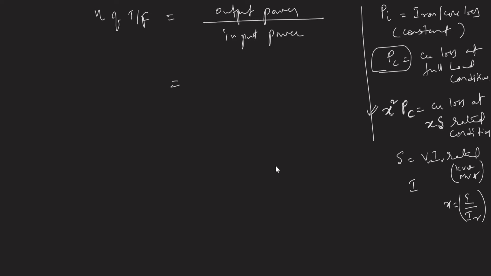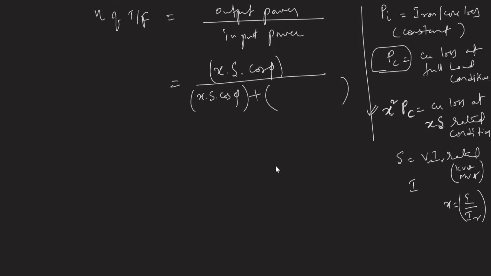Now I can say the efficiency is the output, X times the volt ampere rating multiplied by cos phi, divided by the output plus losses, that is X times S into cos phi. This is output plus losses.